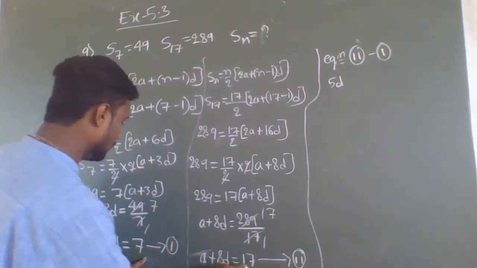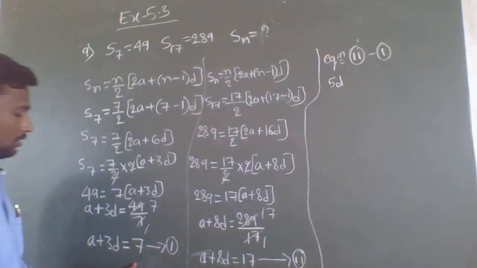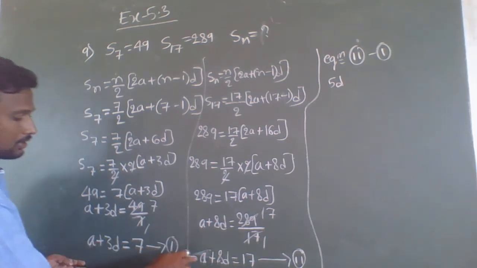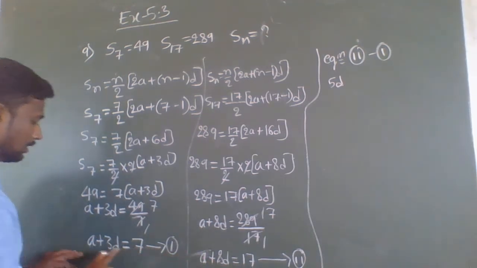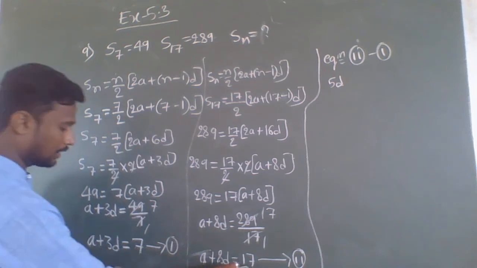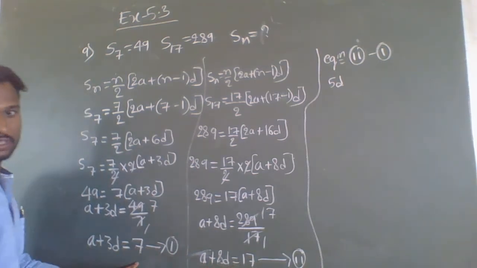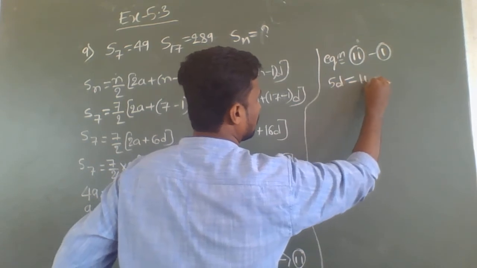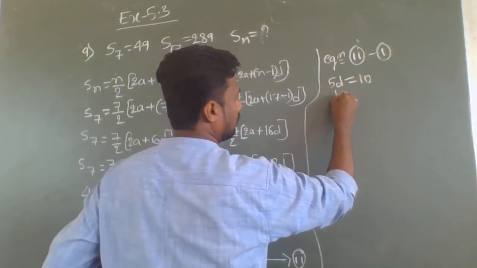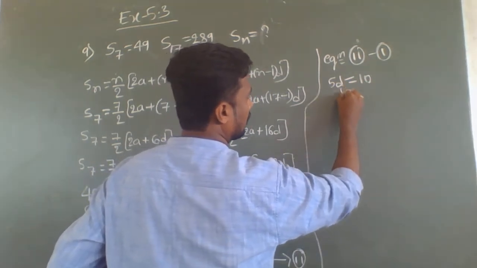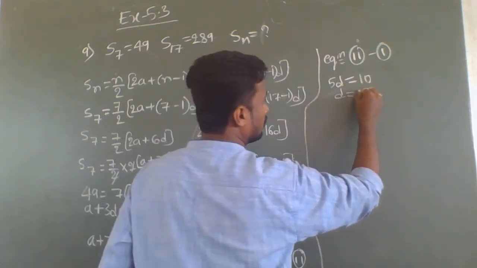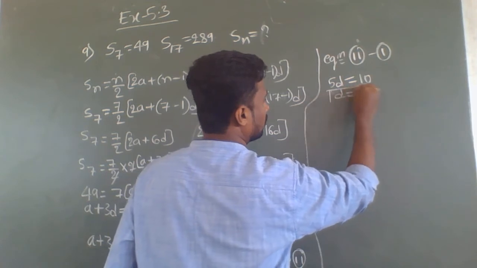Next, 17 minus 7. First I solved the left hand side: a minus a means 0, and 8d minus 3d means 5d. Next, 17 minus 7 means 10. So what is the d value I will get? 10 divided by 5 means 2.